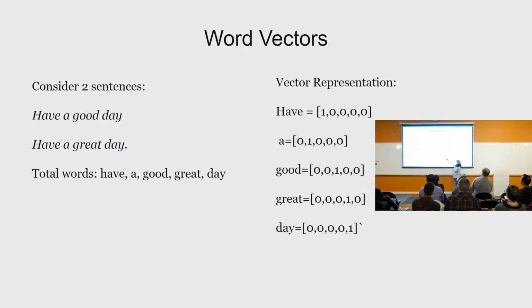So each of these words is given a position in the vector, which is 0 or 1, based on whether that word exists in the sentence or not. If you're representing "have a good day" in a vector form, we would have everything as 1 in the vector except the word great, which is 0, because the word great doesn't exist in that sentence.